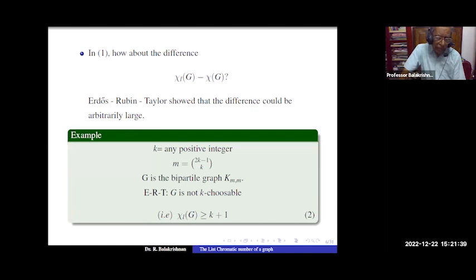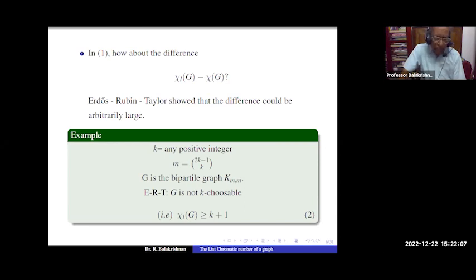Well, Erdős, Rubin, and Taylor show that the difference could be arbitrarily large between these two parameters. So what is the construction? That is a very nice construction. You take k to be any positive integer and you choose m to be (2k-1 choose k).